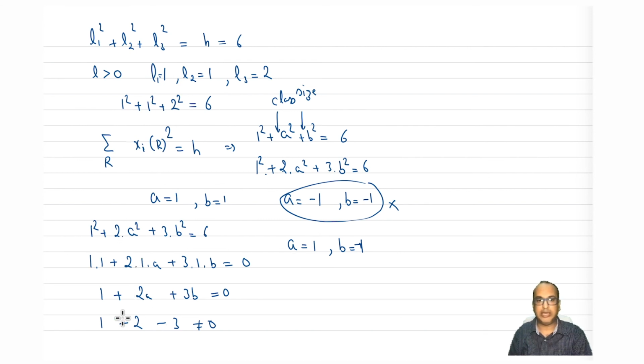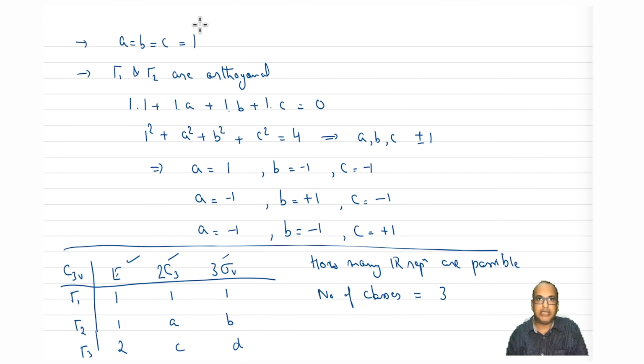So you can see that this becomes 1 plus 2A minus 3B, 1 plus 2 minus 3 will be equal to 0. So now we have found one more solution. So let's go back and fill this up. So 1 and minus 1.